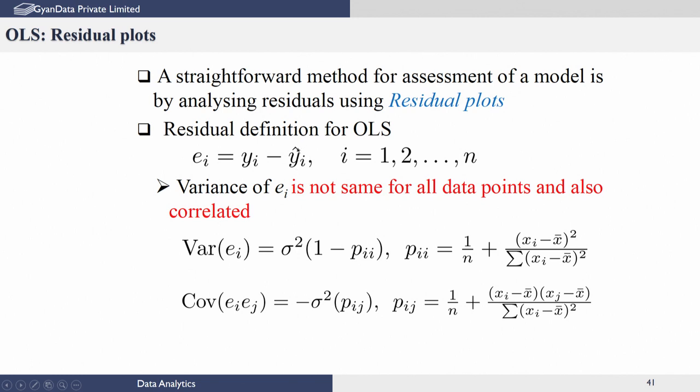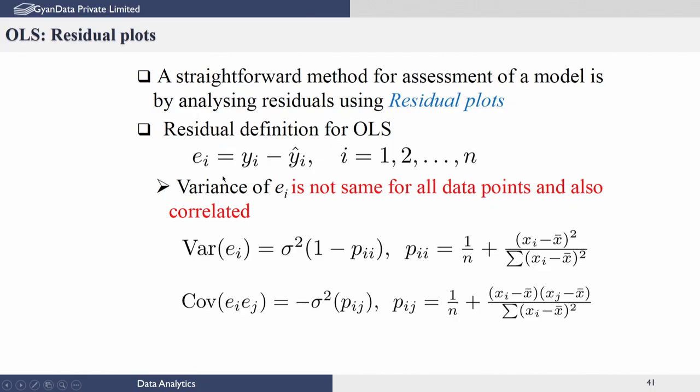It depends on all the measurements, not only on the ith measurement. This predicted value is a function of all the observations, and because of that it introduces correlations between the different residuals and also imparts different variance to different residuals.